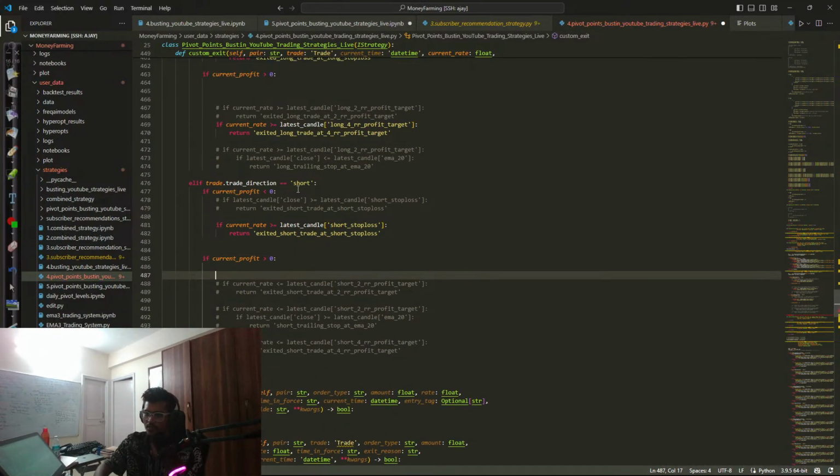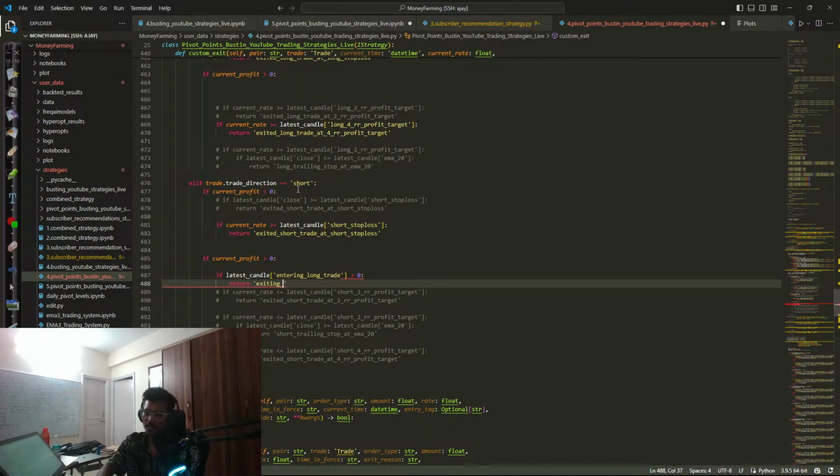So what I would do is, if latest candle dot entering long trade is greater than 0, then return exiting short trade on long trade with profit.